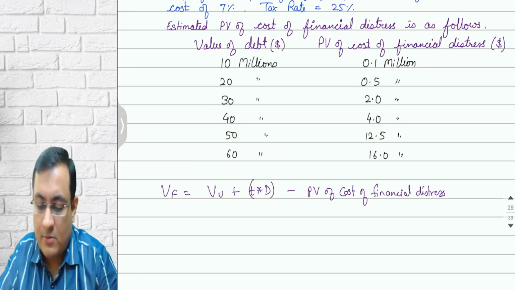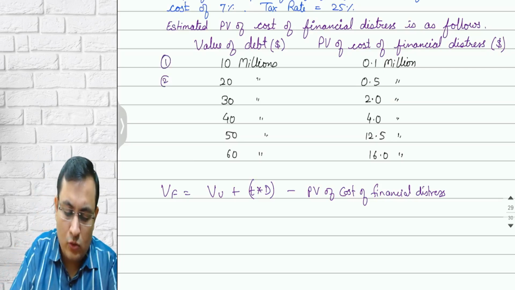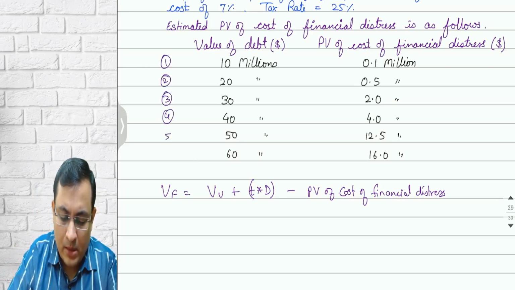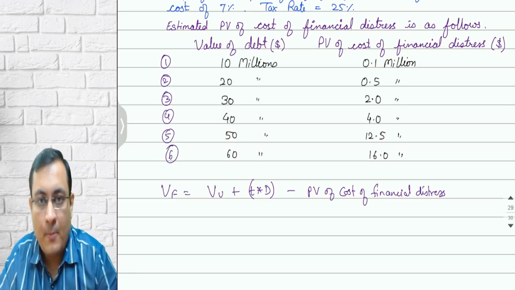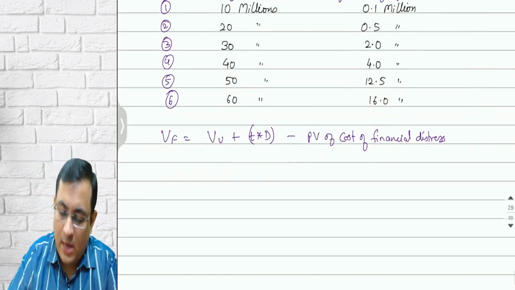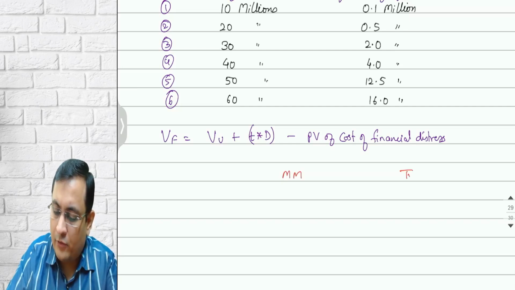First case, case 1, 2, 3, 4, 5, 6. Trade-off theory.